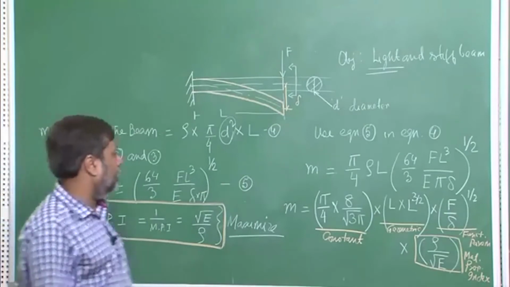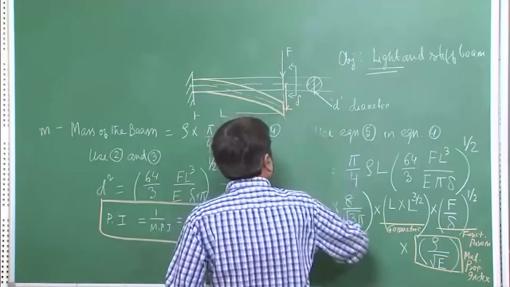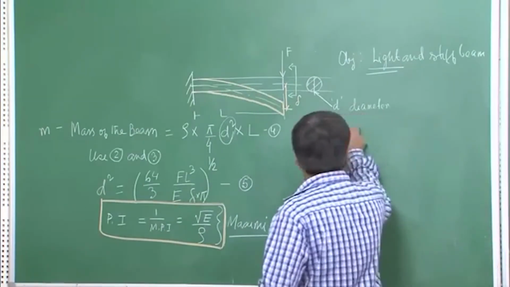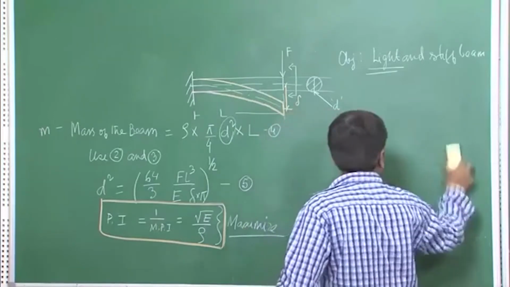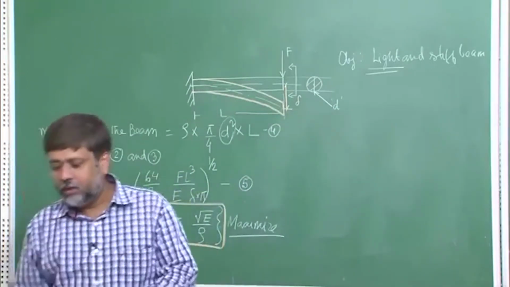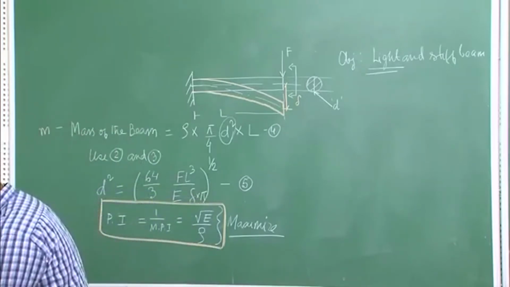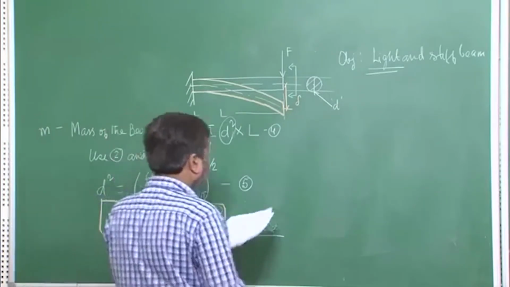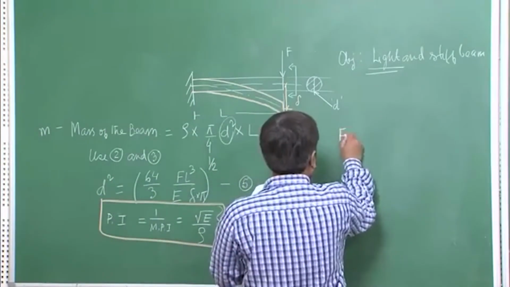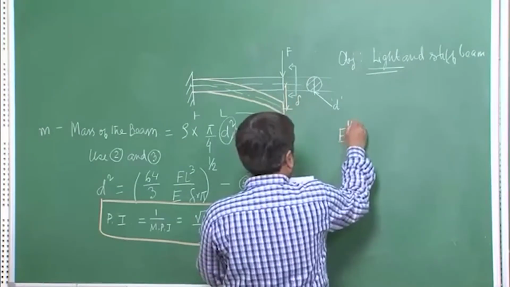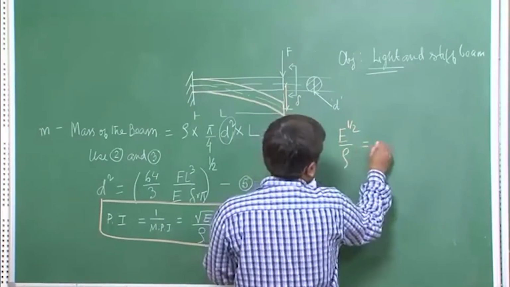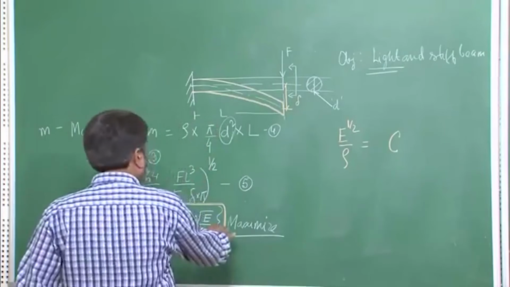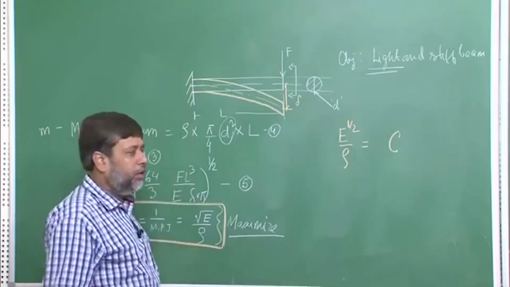That is one thing that is clear to us. Now, sometimes on top of this, we may also say that there is some kind of cutoff value in our analysis. If I say that there is a cutoff value, then I can develop an equation. Suppose E to the power half over rho has a cutoff value C. That means you want to maximize it, fine, but at least it should be beyond a certain point.